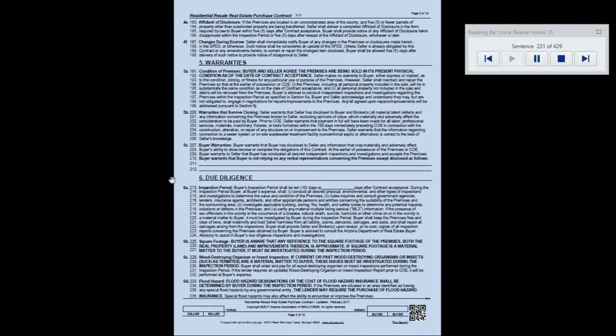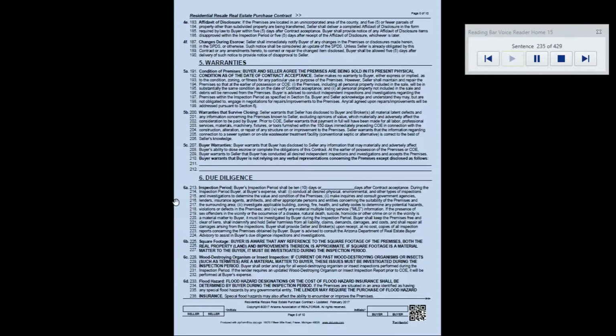6. Due diligence. 6a. Inspection period. Buyer's inspection period shall be 10 days or ___ days after contract acceptance. During the inspection period, buyer, at buyer's expense, shall 1. Conduct all desired physical, environmental, and other types of inspections and investigations to determine the value and condition of the premises. 2.